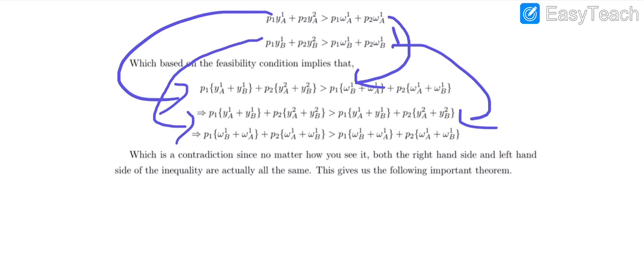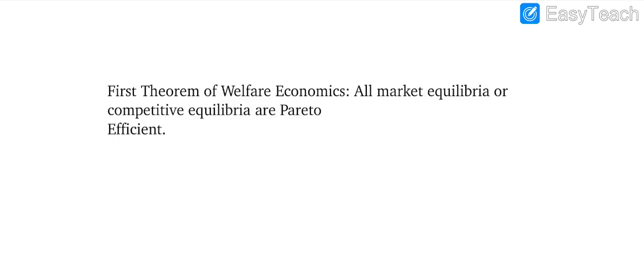Both the right-hand side and left-hand side are not equal. In this case, you see that it is not equal, or the left-hand side is greater than the right-hand side. So this gives us an important theorem.